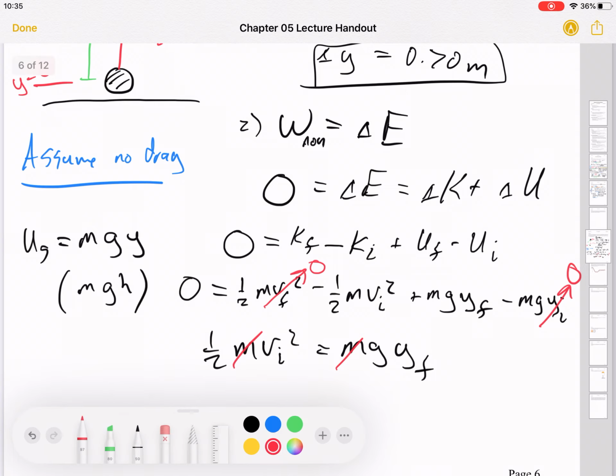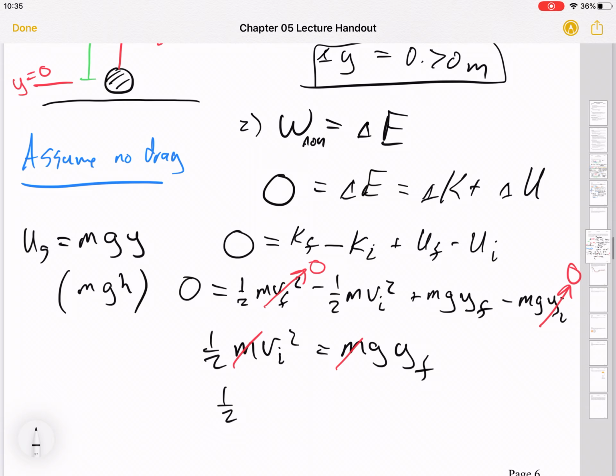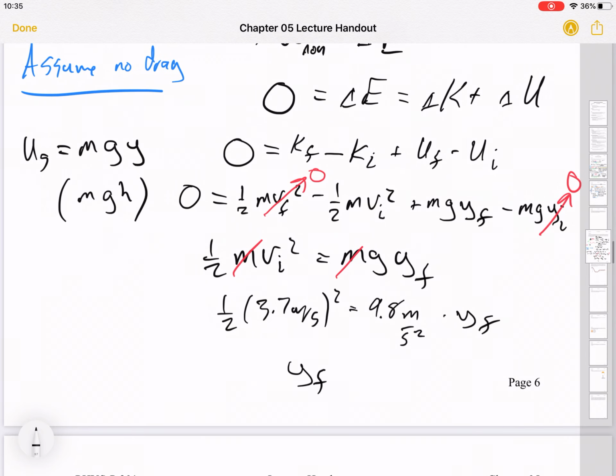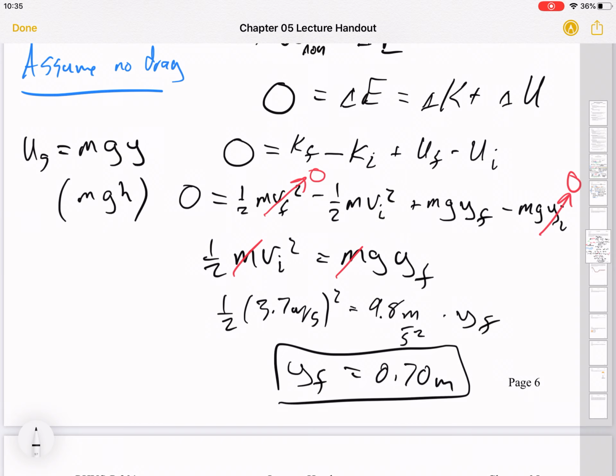Okay, so let's just plug in and solve. Half times v initial, which is 3.7 meters per second, quantity squared, equals 9.8 meters per second squared times y final. And if you solve that, y final is 0.70 meters, which is the same answer.